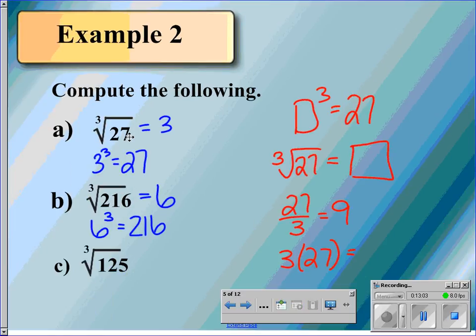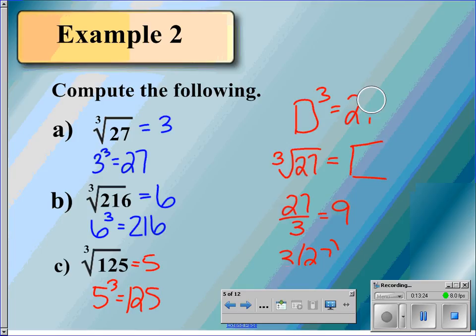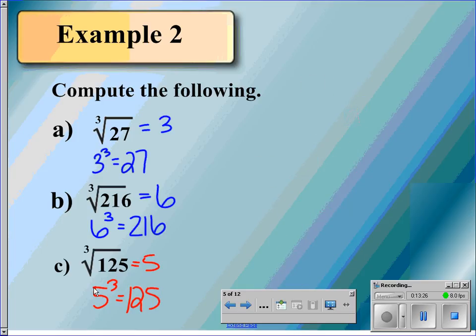What number can we cube to get 125? 5. So the cube root of 125 is 5. So no, good question though. You can't just divide by 3 because that gives you what you multiply by 3 to get 9, not what you're cubing to get 27.